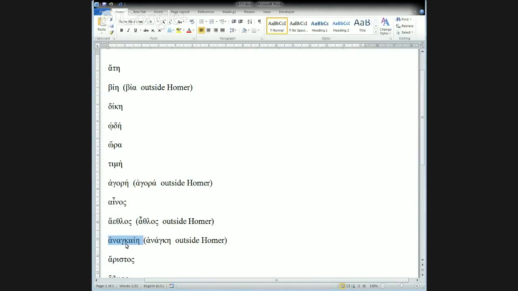Yes, that's exactly right. Anankaye. Good. Outside Homer, Ananke. I think this is in the core vocab, or maybe it isn't, I'm not sure, but it means necessity. I think we talked about this word. Again, these are 4 examples of words that are different in Homer than they are in the rest of Greek. Slightly different. They're still recognizable.